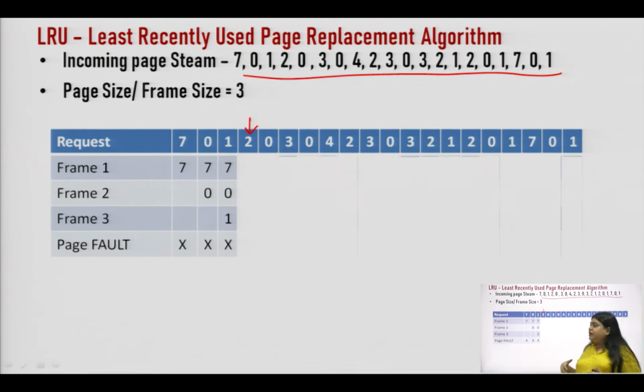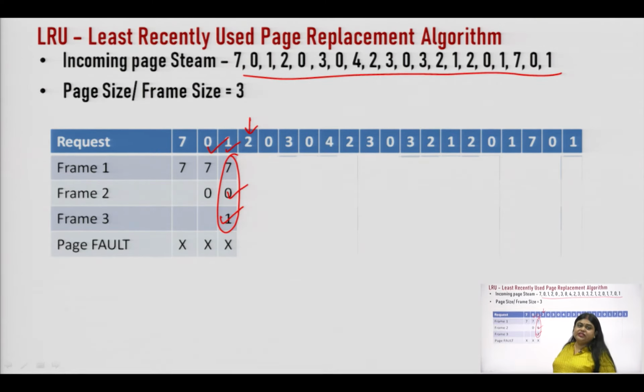Now, there is a new requirement of page number 2. When we require a new page, what we will see is these are the pages that are there in the main memory. We will search for the recent usage. Recently 1 was used, so we will retain 1. Recently 0 was used, so we will retain 0.